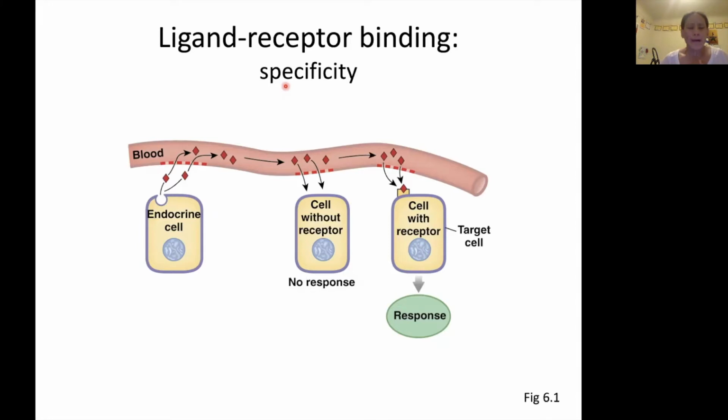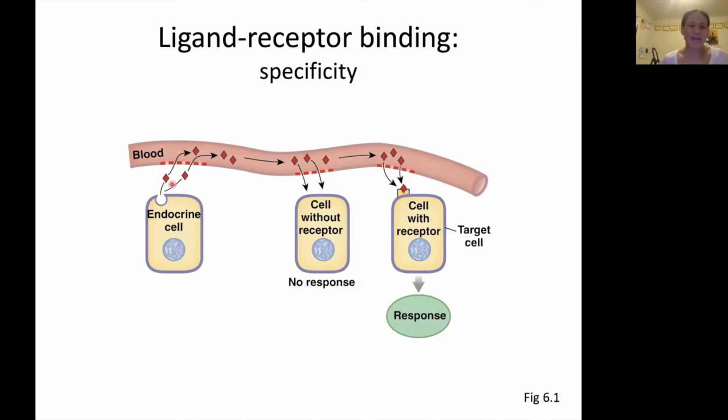But how do you manage to elicit a response only in the specific cells or organs where you want a response to happen? That's the issue that we are addressing here. So like I mentioned before, only cells with the receptor to that hormone are going to respond to that hormone, right? So that's illustrated here.